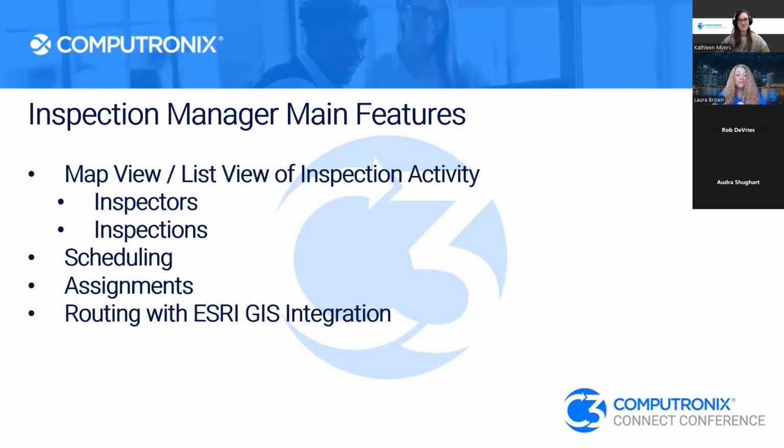I will be keeping an eye on the chat feature, so if you have any questions, feel free to ask in there. So today we're going to be seeing the Inspection Manager and its main features. We have two main views of what the inspections are and who the inspectors are: a map view, where you can see the inspectors and the inspections, and a list view of the inspection activity that looks more like a grid.